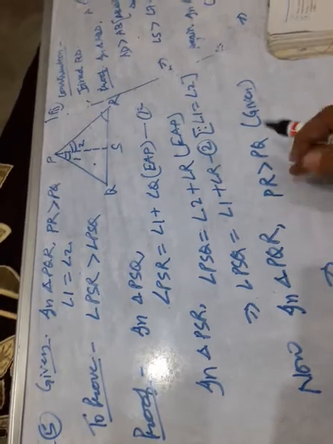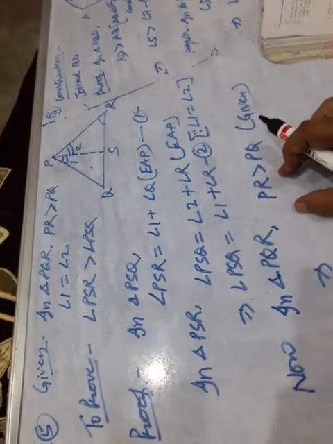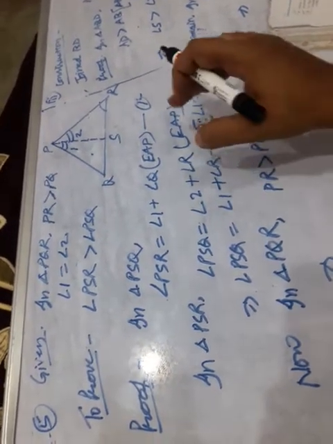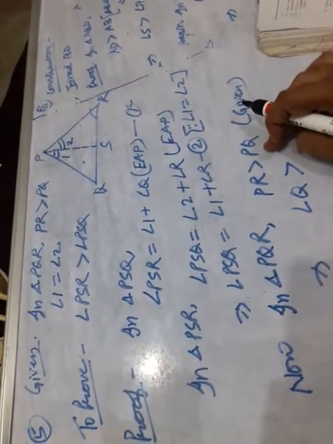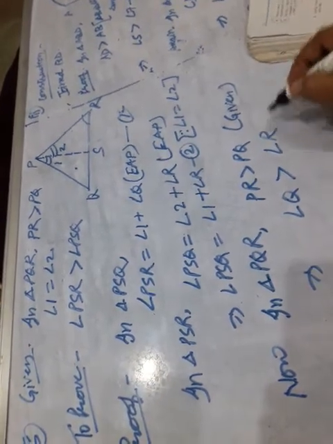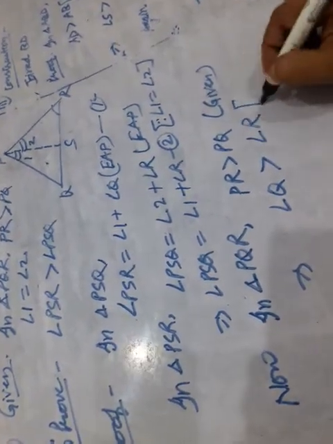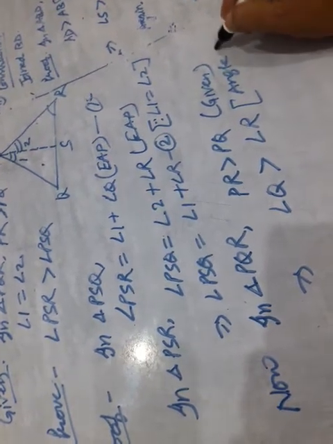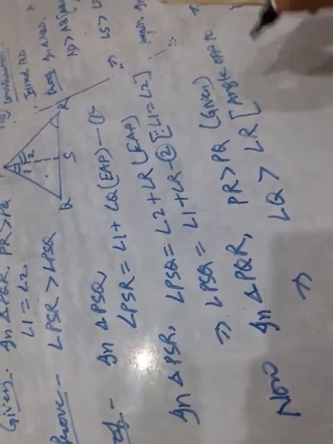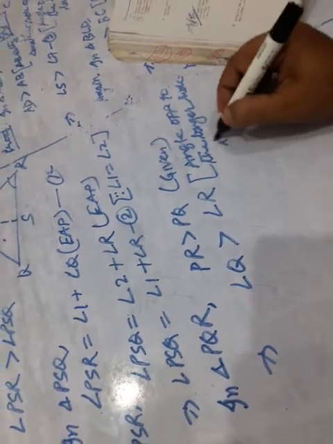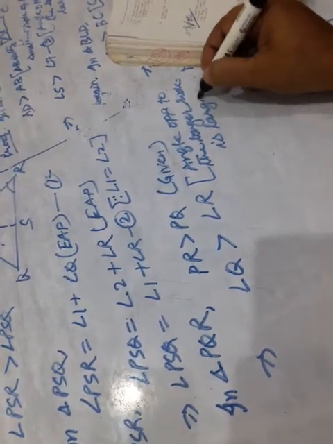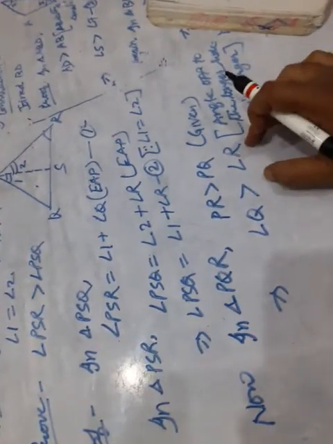This implies that PR's opposite angle, angle Q, is greater than PQ's opposite angle, angle R. What is the reason? The angle opposite to the longer side is larger. Okay children, this implies that you have found angle Q is greater than angle R.